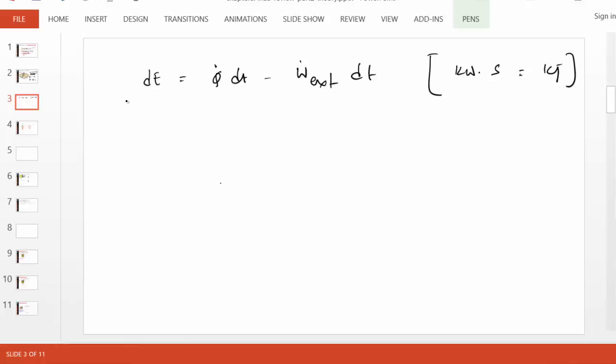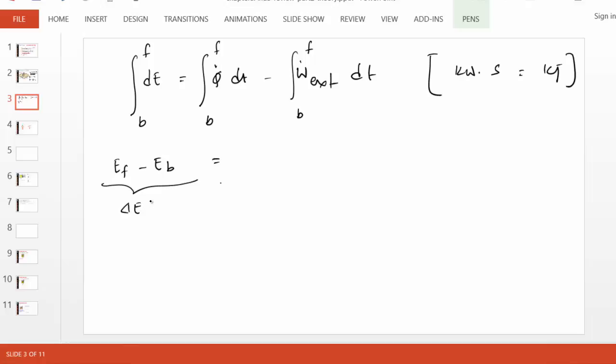Now, if we integrate this equation from a beginning state to a final state, what we get is EF minus EB, which is the change in energy. This is called delta E, the change in stored energy of a system. And what is this? The heat transfer over the period of the process, Q dot times t. So therefore, it becomes Q, the total amount of heat that is transferred during the process.